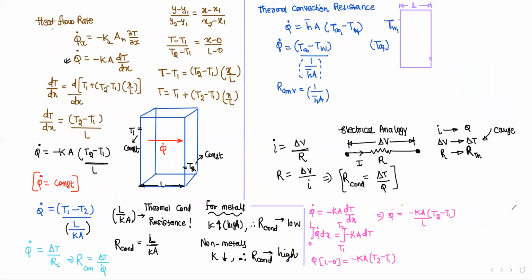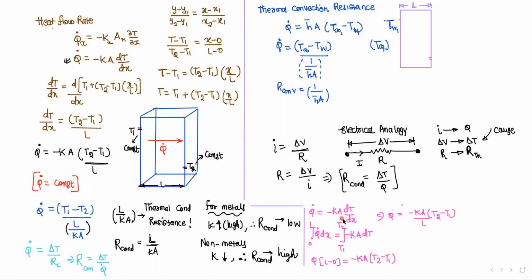Now a discussion on the heat flow rate. From Fourier's law, we have q dot x equal to minus k A dT by dx. One thing I would like to highlight here: we can write q dot equal to minus k A dT by dx.